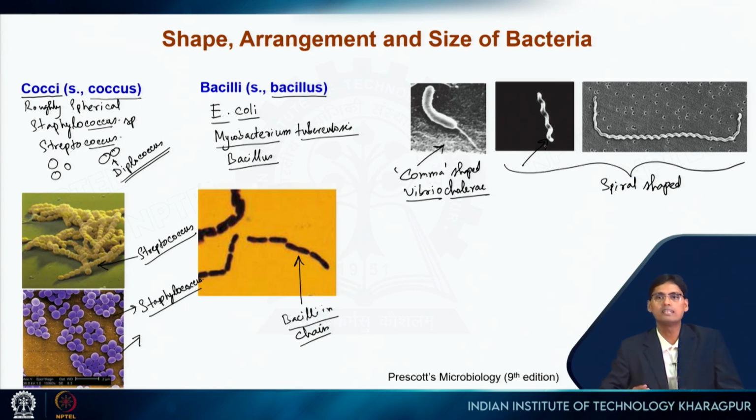For example, they can go faster through mucus, and they can penetrate the host also, because of this screw-like, spiral shape, which is advantageous for them. So this is a little bit of discussion about the shape, arrangement and size of bacteria.